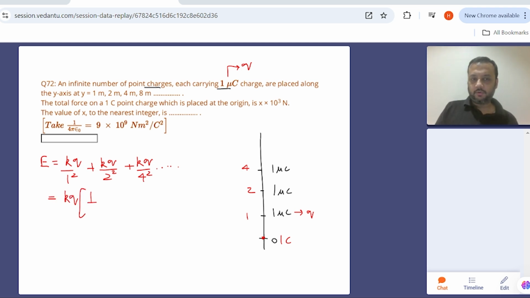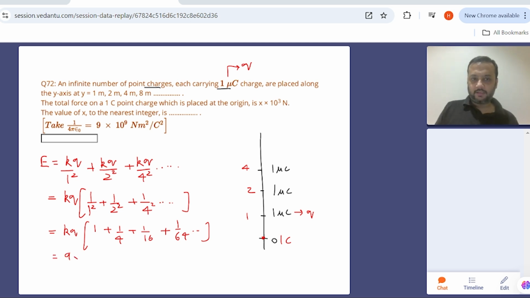So KQ will come out to be common, and it will be 1 by 1 square plus 1 by 2 square plus 1 by 4 square, so on and so forth. So now you can see that this becomes 1 plus 1 by 4 plus 1 by 16, and next will be 1 by 64, like that.